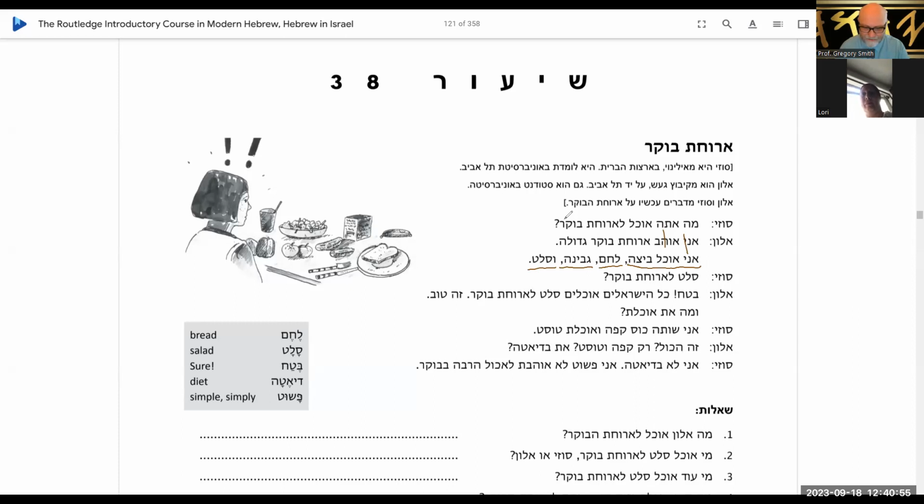This is the one here that's somewhat curious. I'm not sure what biza is, but you got cheese, bread, and salad. אני אוכל ביזה לחם גבינה וסלט. So I wonder what the biza is here.